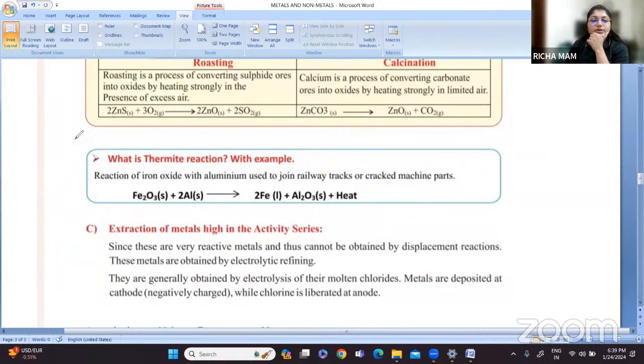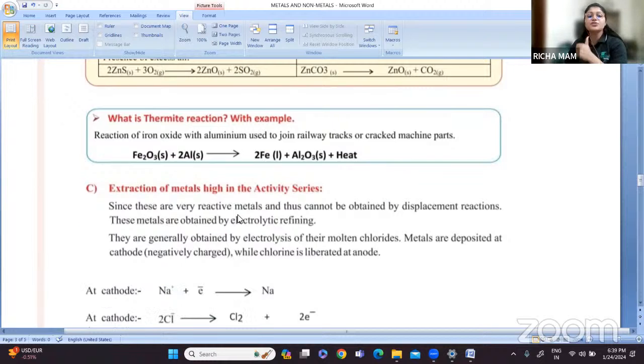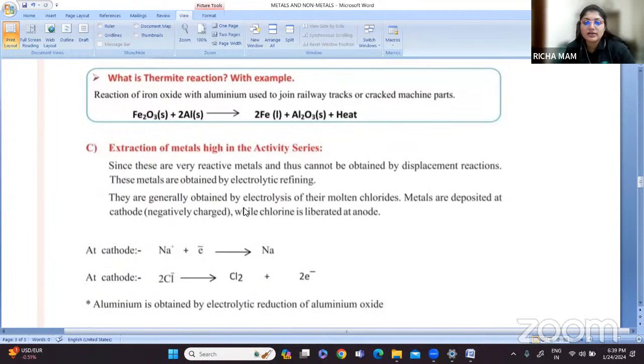Fine. Now, next is the extraction of metals when they are high in the activity series. For example, potassium, sodium. What is the procedure when you want to extract these? Since these metals are highly reactive, they cannot be obtained by displacement reaction. So these metals should be obtained by electrolytic refining.